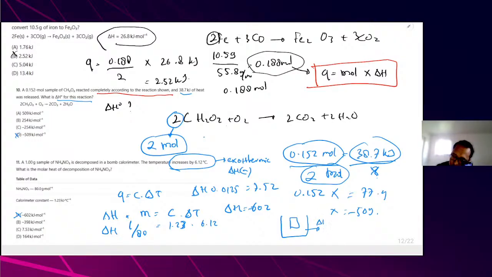So delta H will be minus. If the temperature increases in the surrounding, it receives heat from the system. So the system will release the energy. So we can describe it as exothermic.